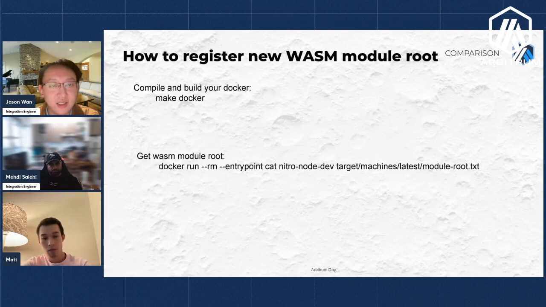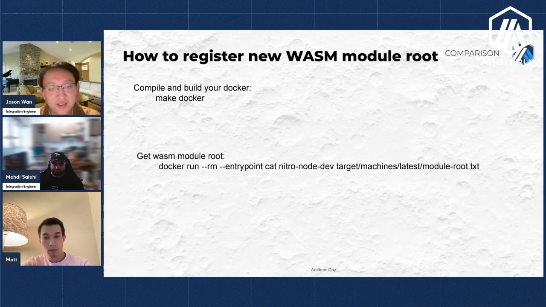After that, you can just build your Docker, and after you compile your native source code, it will calculate the new WASM module root, which you will need later. How to build your Docker is super simple. Just input this command: make docker, and then it will compile it. It may take some time.